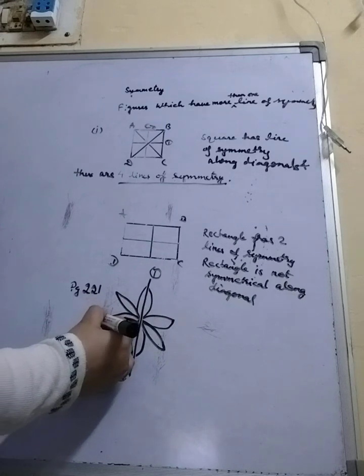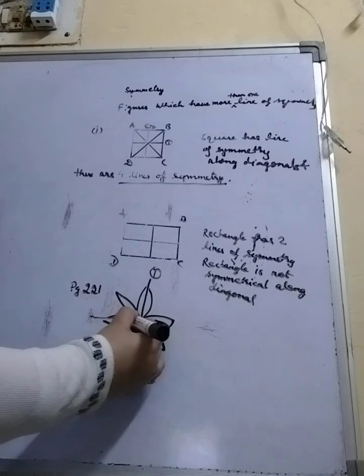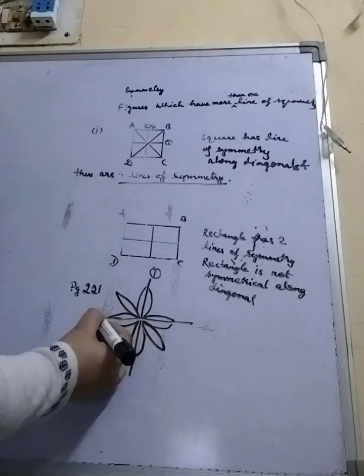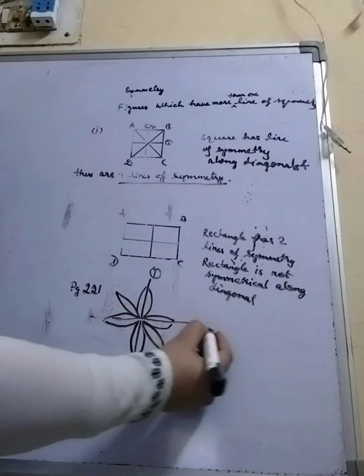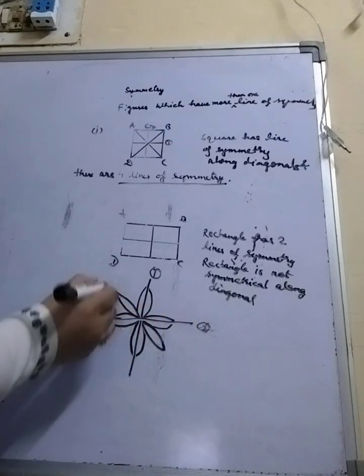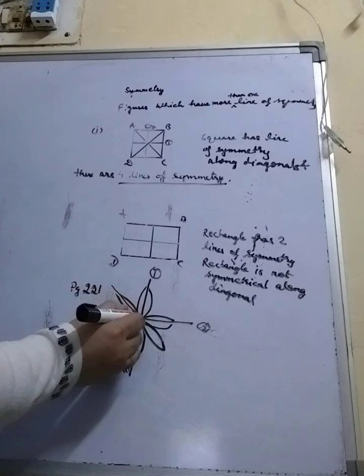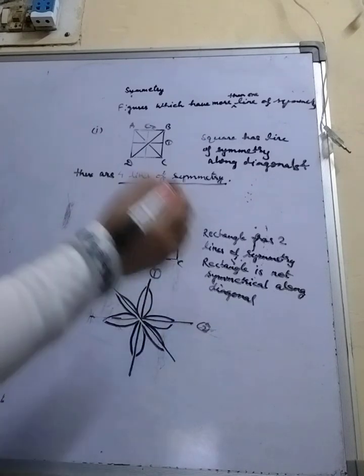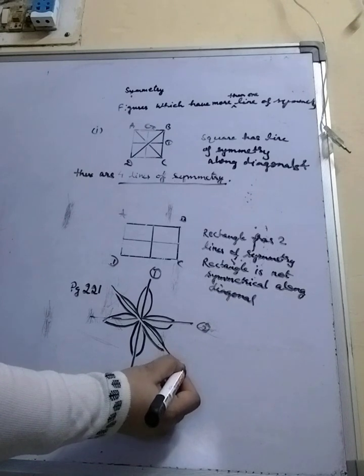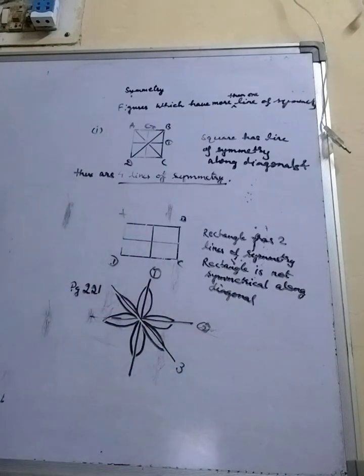You can fold the second along the other two petals. This is the second line of symmetry, and you can fold it along the third pair of petals. So you would get the third line of symmetry.